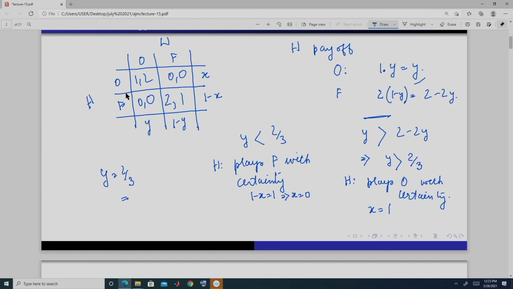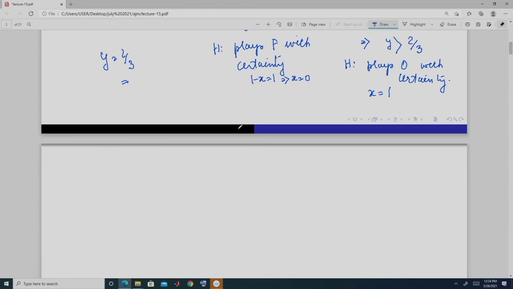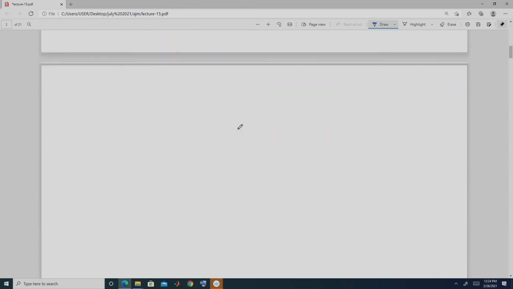But if y is greater than 2 by 3, then the husband is always going to play O, and if y is less than 2 by 3, then the husband is always going to play F with full certainty. So these are okay. Now let's do it for the wife.